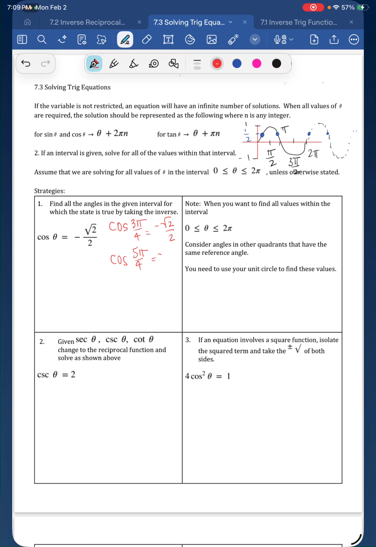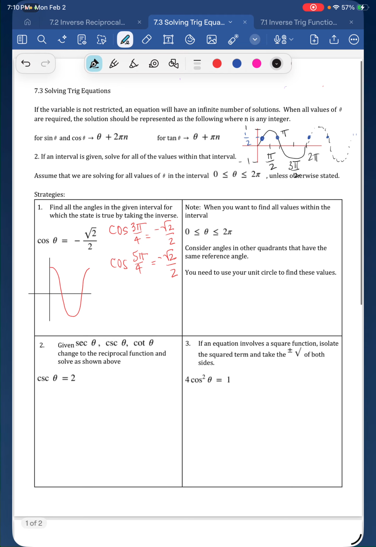That's also -√2/2. So if you're looking at the graph of cosine, and the graph of cosine starts at the high point and comes down and then goes back up, and then, of course, on the y-axis, we have 1 and -1.